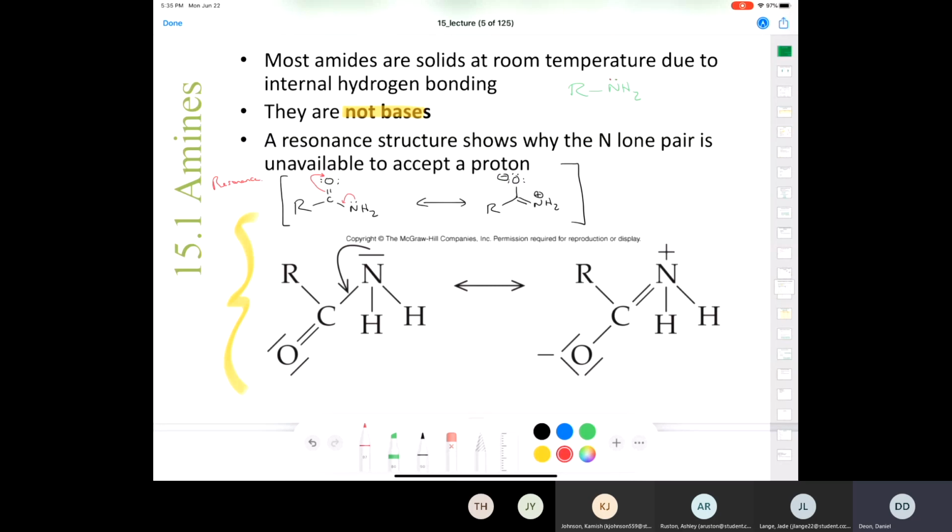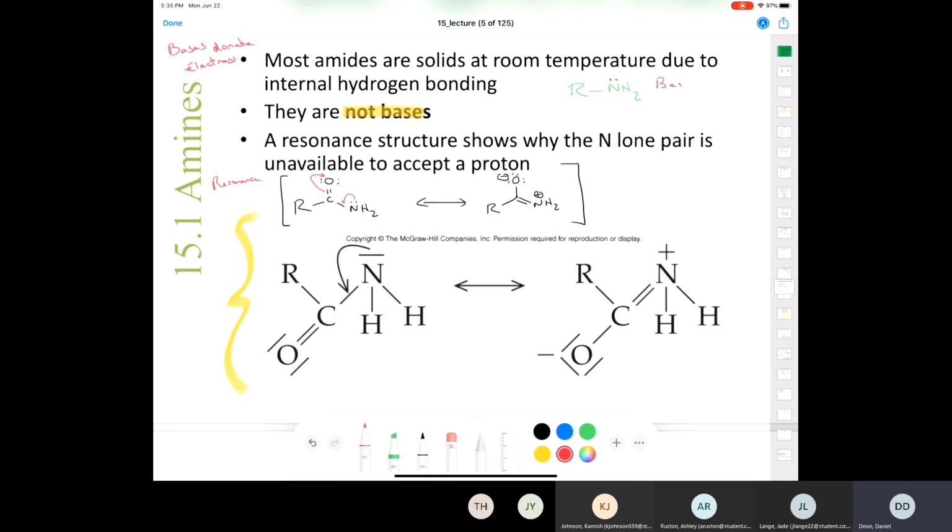What does it mean to be localized? You're stuck in one place, right? And a base is something that can donate electrons. So bases donate electrons. So an amine, the electrons are just sitting there, open for business, I'm ready. Somebody give me a proton, okay?